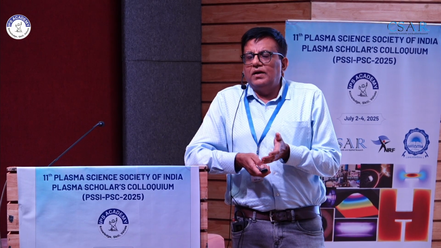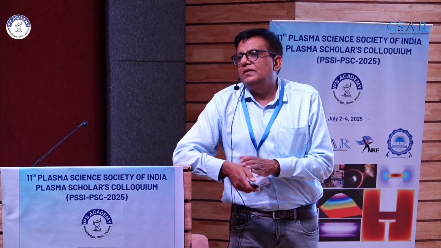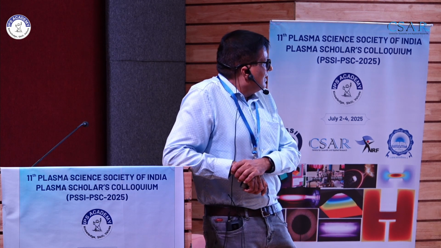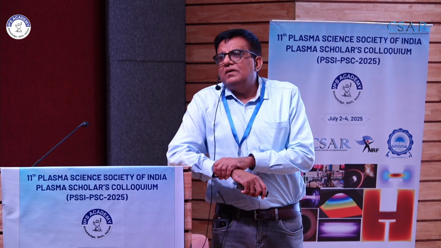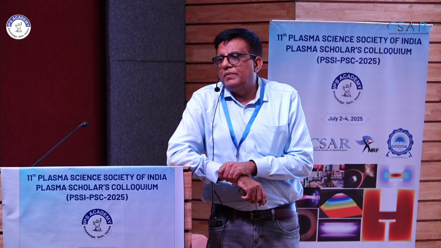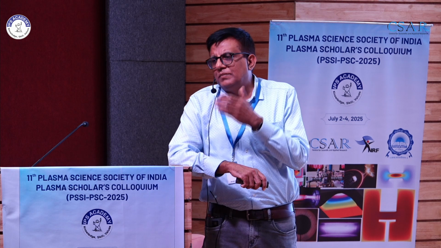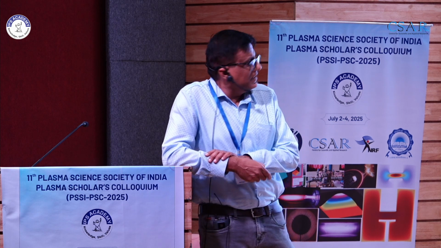Even in high intensity ultrashort laser matter interaction, if the kinetic energy is not that high, then we have to look for the reason. The other thing is that even in J cross B heating, we saw a strong polarization dependent role. So these are small observations which give some insight into the plasma. I will share some results with you.